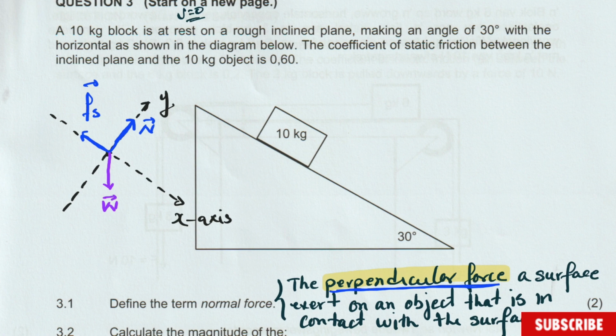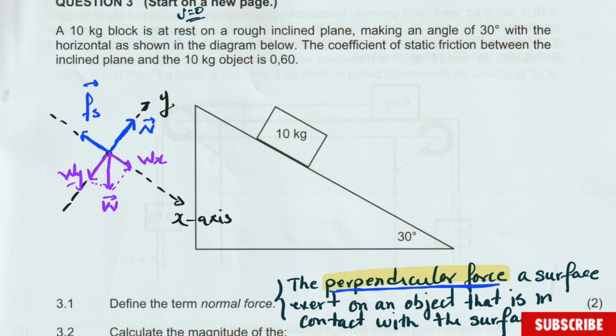Now, remember that this is in none of the axes, so I must project that force to each axis here, and I will have weight in the x-axis there, and here I will have weight in the y-axis.